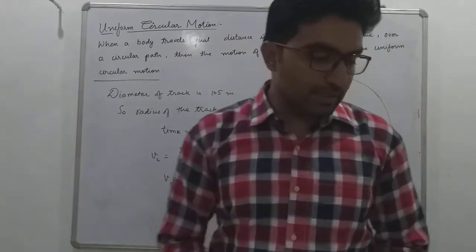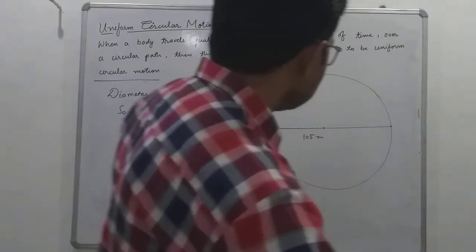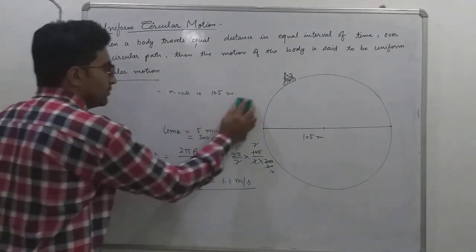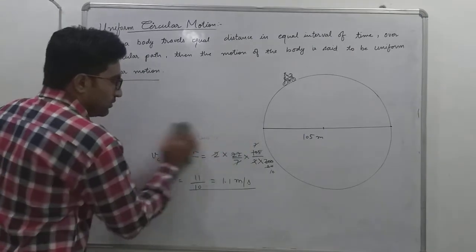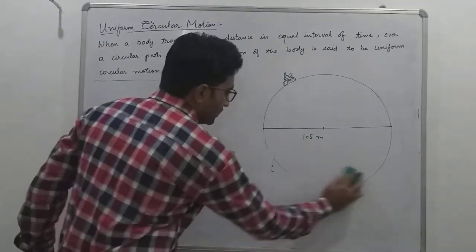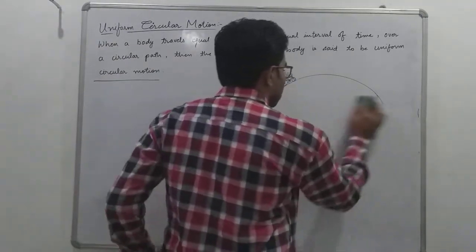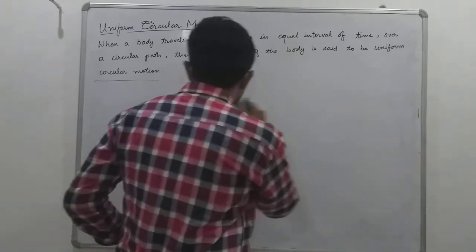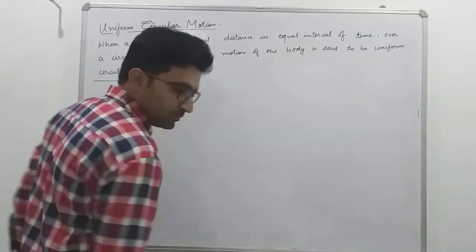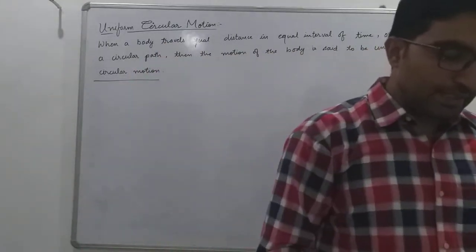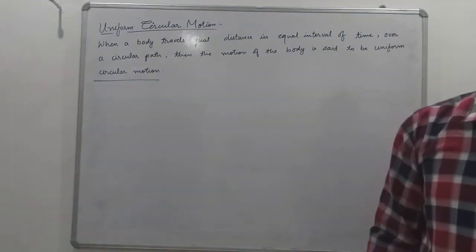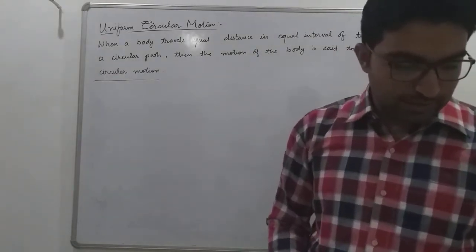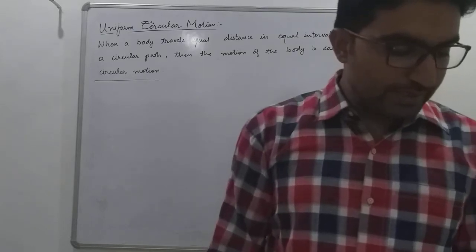Okay, let's take another example. An athlete completes 2 rounds of a circular track of 100 meter length in 20 seconds.